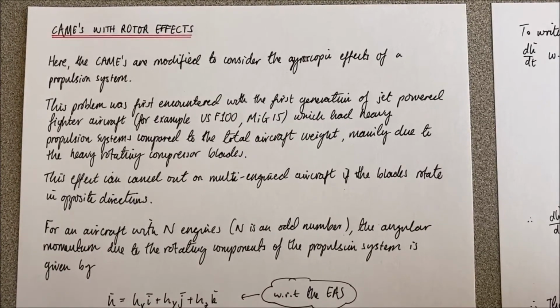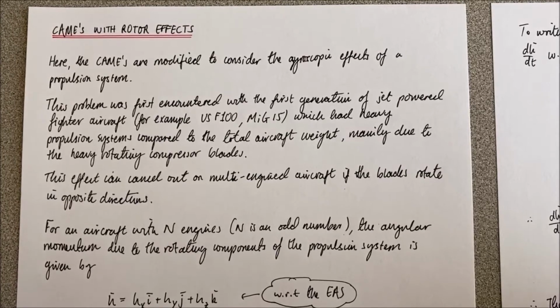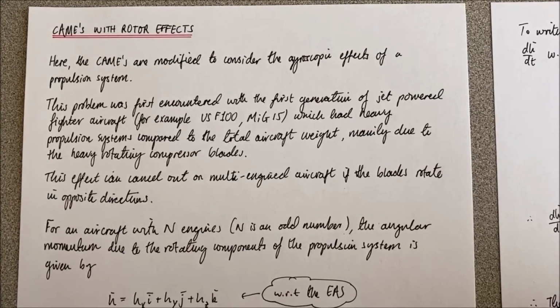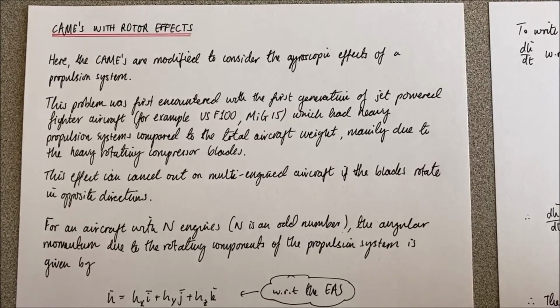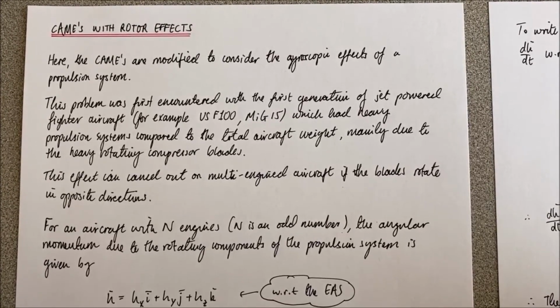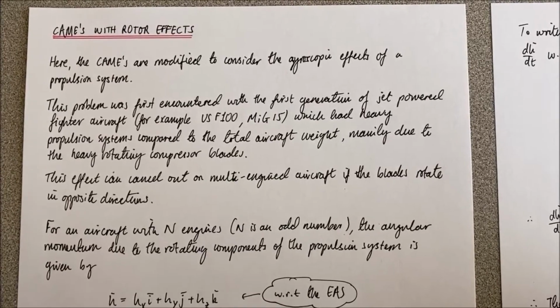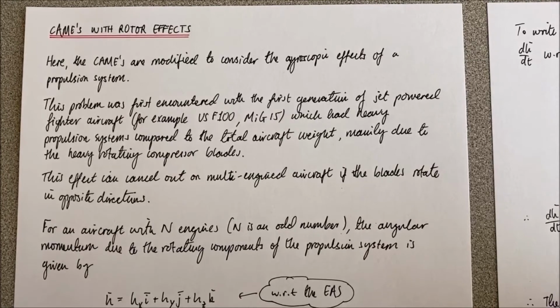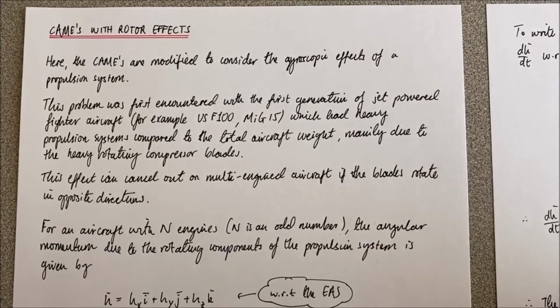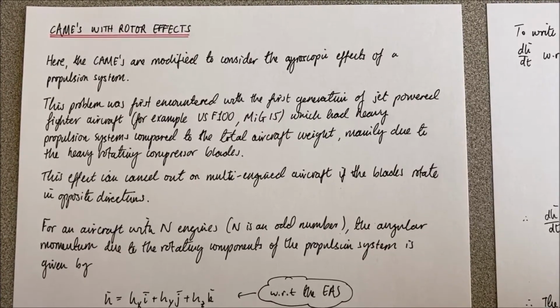And this was due to the fact that some of those early aircraft, those early jet fighters, like the Super Sabre and the MiG-15, they had very heavy propulsion systems compared to the total weight of the aircraft, because of the material of the compressor blades.